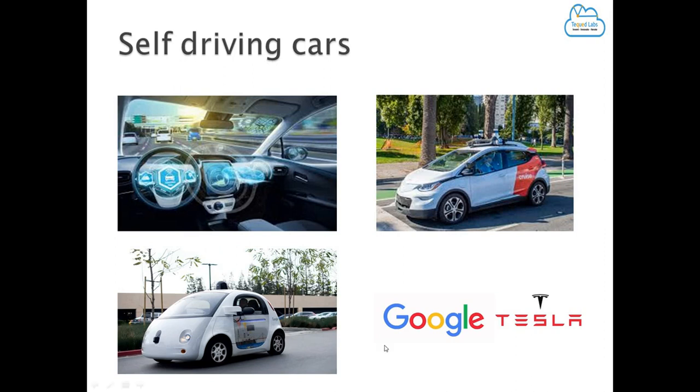This car made by Google was the first artificially intelligent, self-driving car that was able to pass a driving test in the USA, and it can operate on its own. That is the level of AI involved in developing these systems.